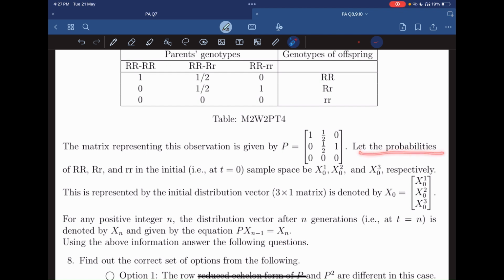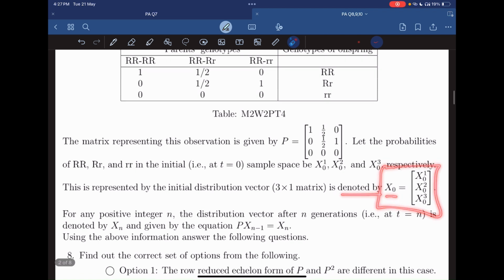Let the probabilities of double capital R, capital R small r, and double small r in the initial stage, at t equal to 0, be x01, x02, and x03 respectively. This is represented by the initial distribution vector, which is a 3 cross 1 matrix, denoted by x0.